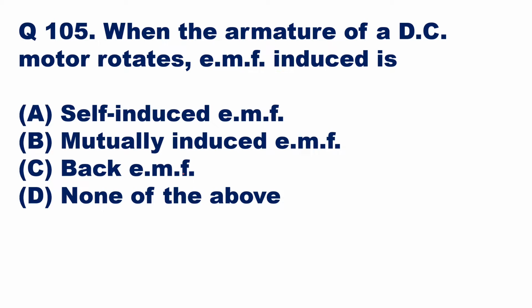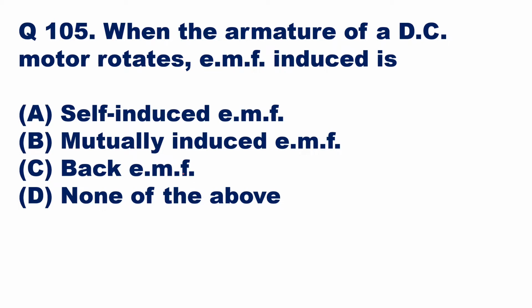Whenever the armature rotates, an EMF will be induced in it, which is called back EMF, and it always opposes the applied voltage. Whatever voltage you apply to the armature will be opposed by this induced EMF.